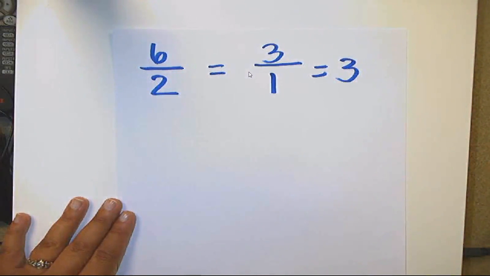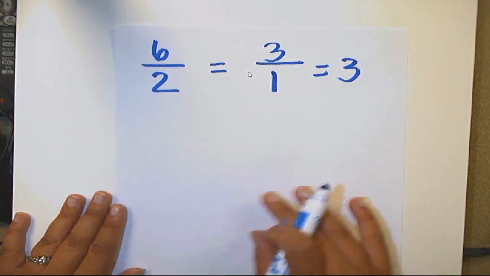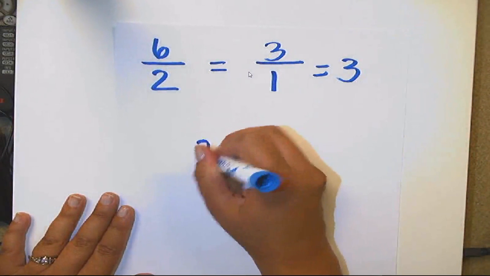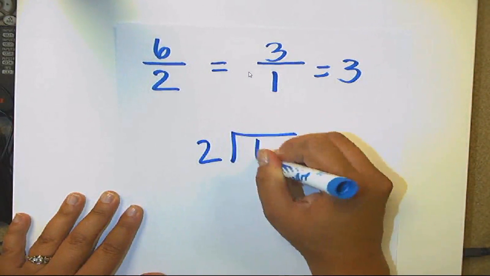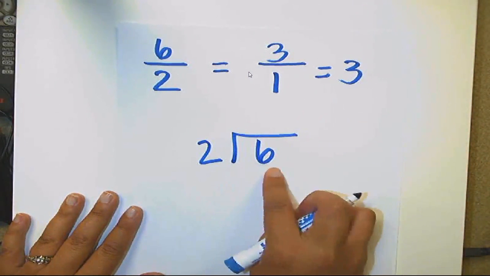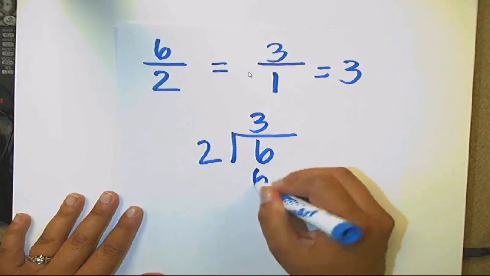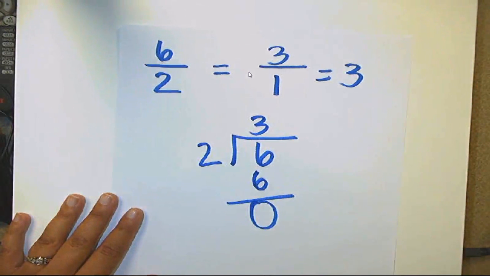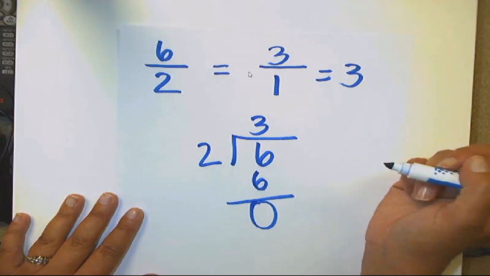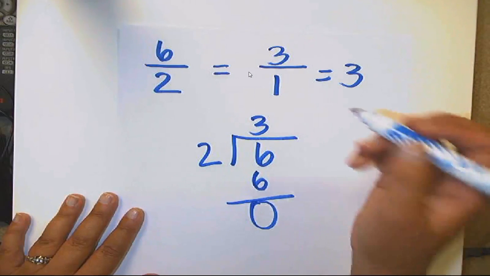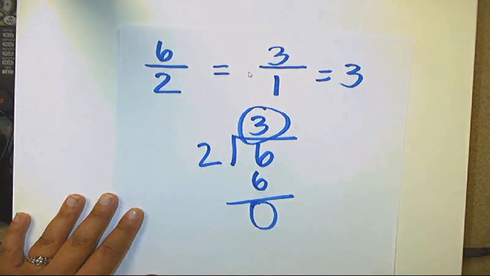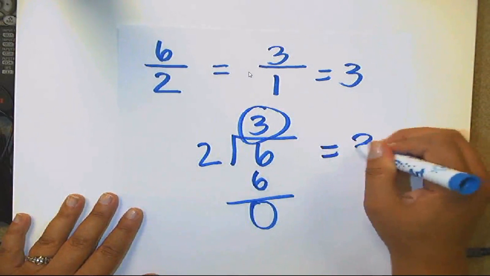If you wanted to do the math, work it all the way out, you could, and then again, it would look just like this. Since I end up with a 0 there for my numerator, I'm just going to stick with my whole number and know that my answer is 3.